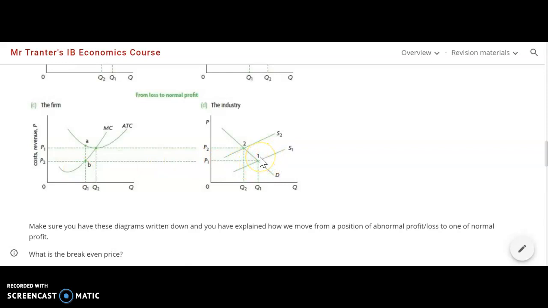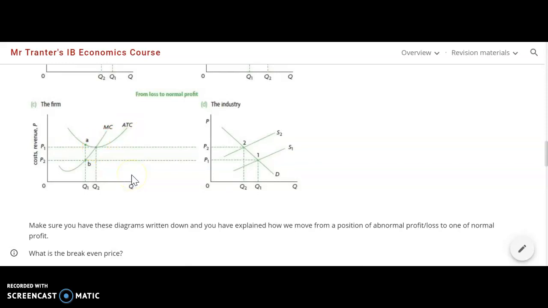That means some firms are going to leave the market, so we are going to move to P2. Sorry, these are around the wrong way here. So we move up to P2 and we now operate here where our marginal revenue is equal to our average revenue, is equal to our average total cost, which gives us normal profit.